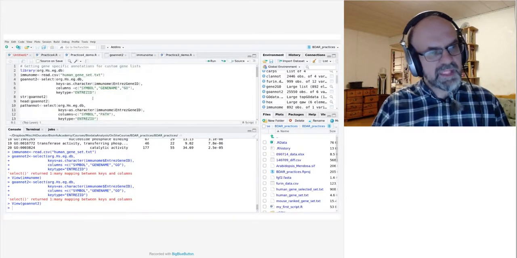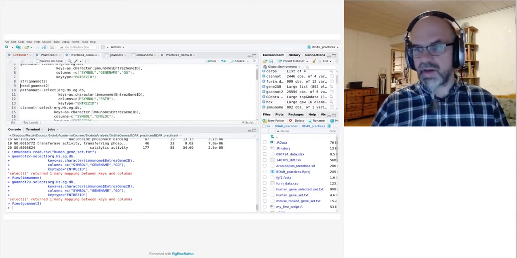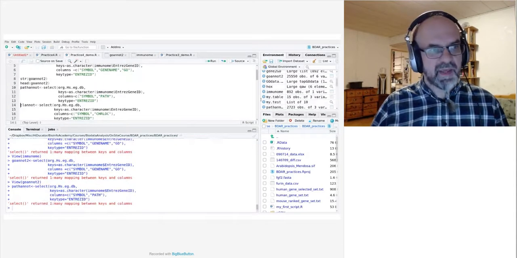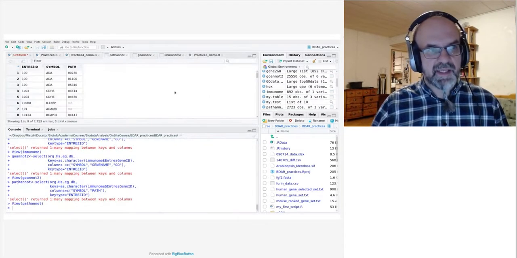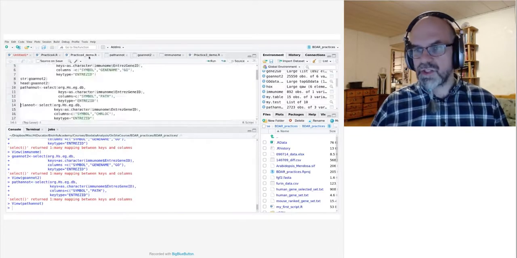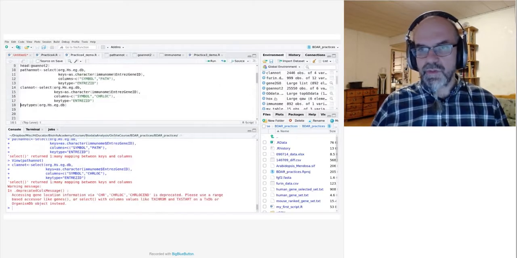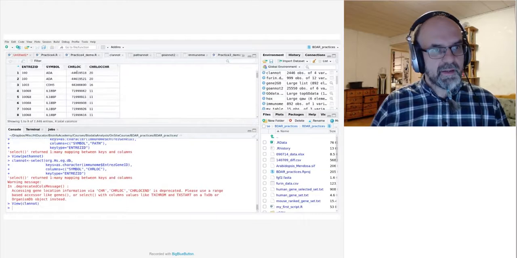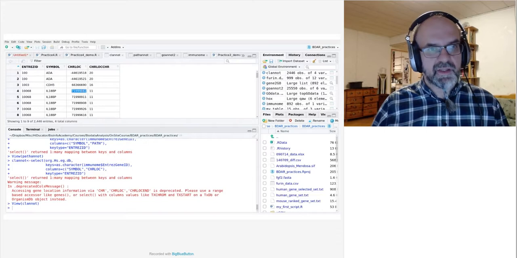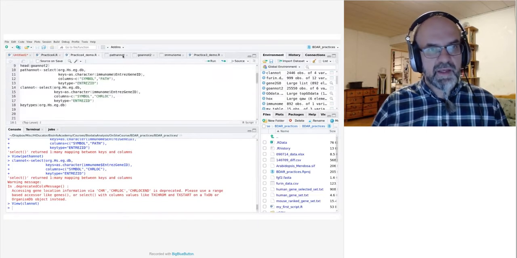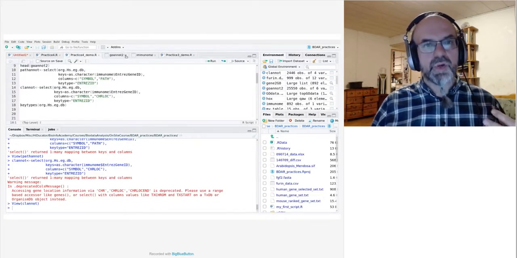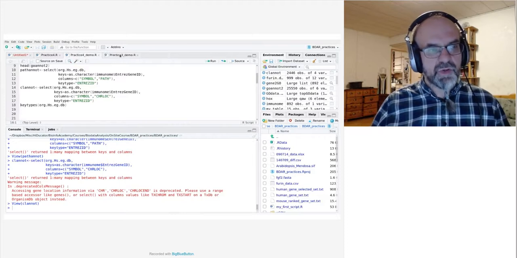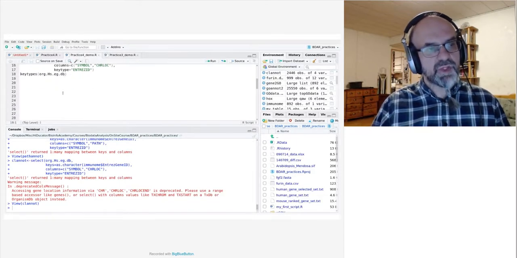We can do the same, for example, for pathways. This is basically the same idea. Chromosomal locations: these are the chromosome numbers, these are the gene names, and these are the starting positions of that gene. So we have the known information about those, and we would like to associate that with the immunome genes.